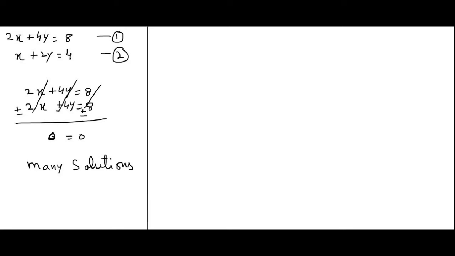Now we take another example, that is 4x plus 3y is equal to 8 and 4 over 3 x plus y is equal to 2. Now we have to solve this so that we can find the solution of the given equations.